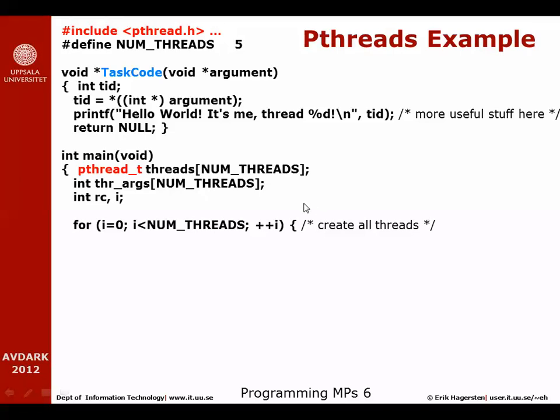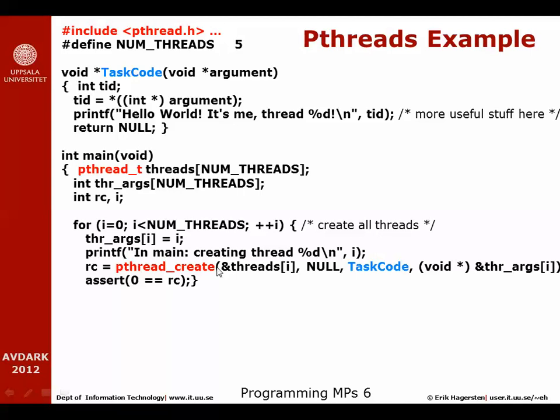Next comes a first loop, and this is the loop where we're going to create all those 5 threads we would like to execute. So we go in this loop 5 times. First, we just do some bookkeeping. We initialize the thread argument vector to contain the loop counter of this loop, and then we do some print statement to figure out what's going on here.